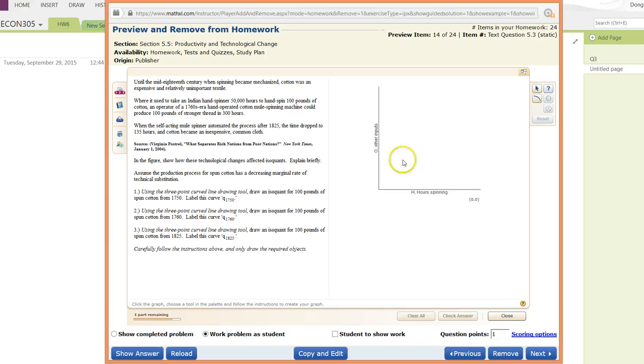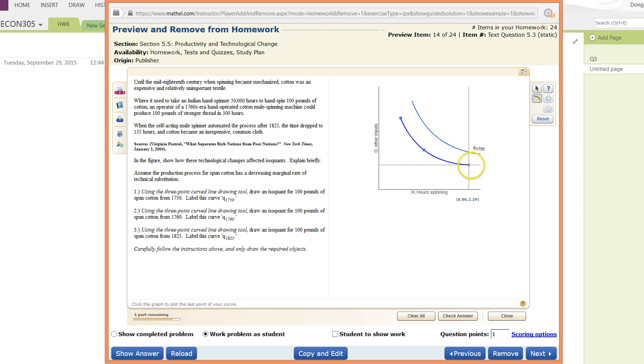So we first draw the isoquant at 1750. Okay, so the first line we can draw like that. For this question you don't have to be precise. It's just some way to show how this works. So this is 1750, and as we said, with the technological progress, the isoquant should shift inward because we are using less and less labor to produce the same amount of cotton.